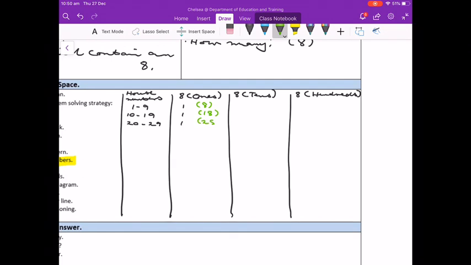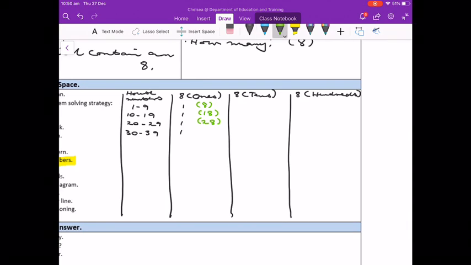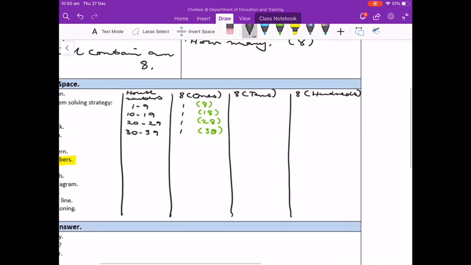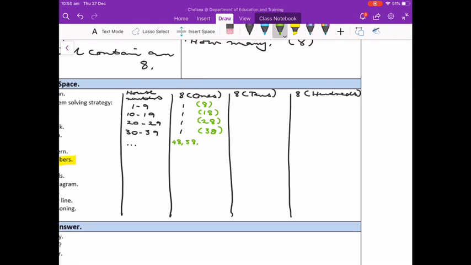Now you might notice there's a little bit of a pattern here. 30 to 39, again, there's 1. So let's imagine that that continues. We would have a 48, a 58, a 68, and a 78 in the ones.